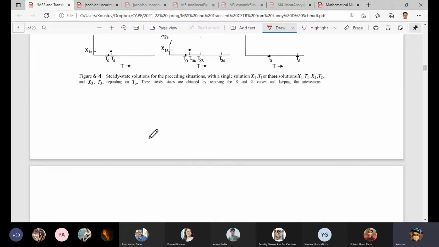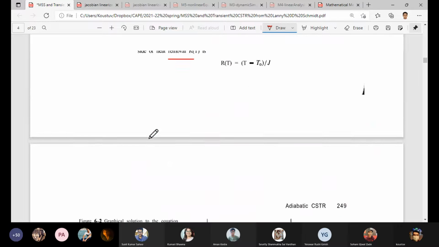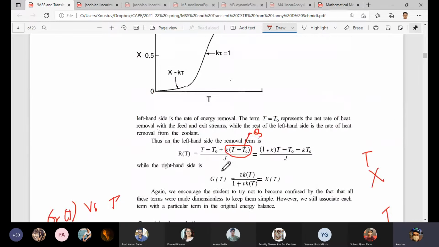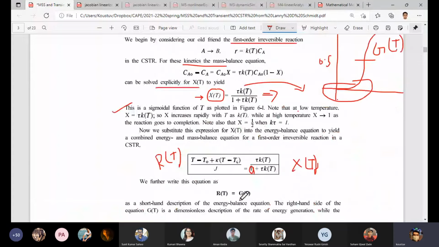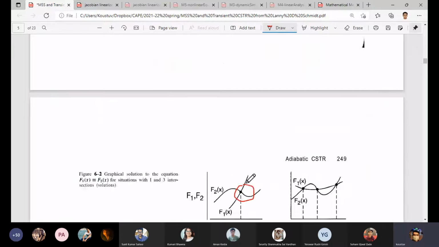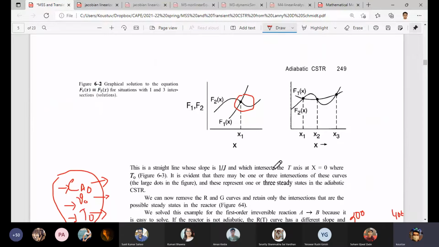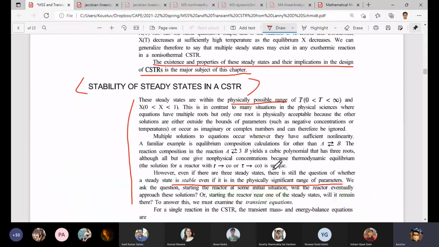The unsteady term will be 0, and we solve the equations together. We can get these 3 different points, and the values are all in the physically significant range. So we might argue that all are accepted, right?